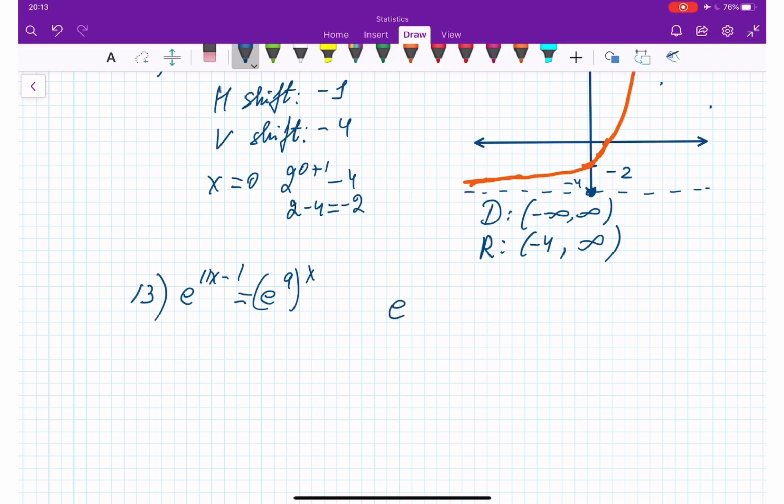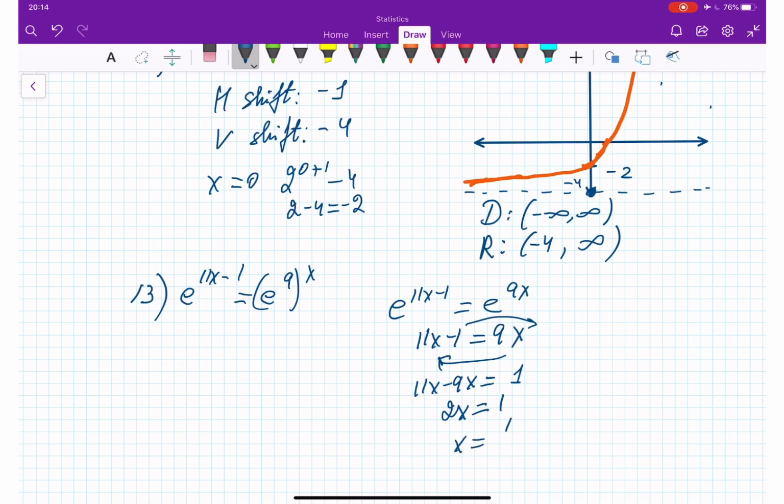Since the base is the same, we can drop e, and we have 11x minus 1 is equal to 9x. Moving 9x here, we get 11x minus 9x is equal to +1. 1 we move here, we get positive. So 2x is equal to 1, x is equal to 1/2.